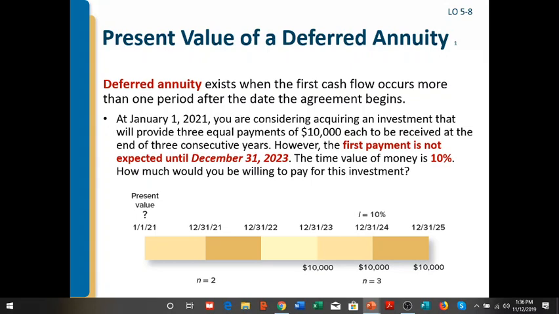So in this example, payments aren't supposed to start until 12/31/23, but you're here at January 1, 2021 looking at acquiring this future investment that's going to pay you 3 equal payments of $10,000 each beginning December 31, 2023. Time value of money is 10%. How much would you be willing to pay for your investment?